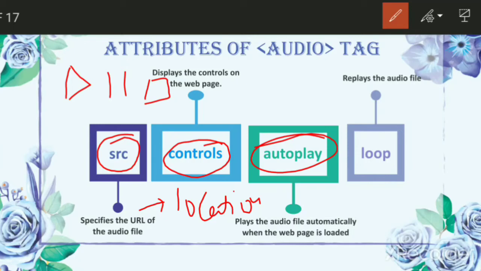So this is the autoplay attribute. The last attribute that we have is the loop attribute, which means that it will replay the audio file. Once the audio file is finished, it will again replay it. Okay, so these are the attributes that we have in the audio tag.